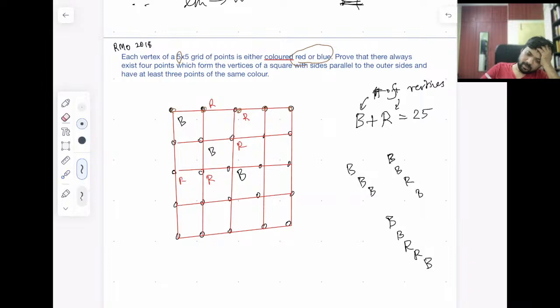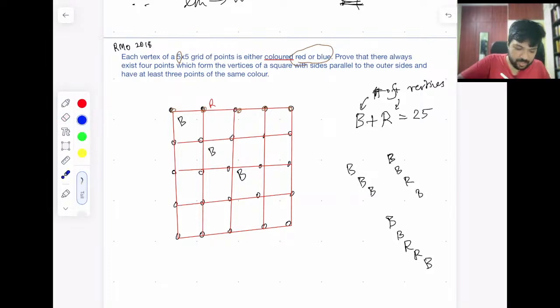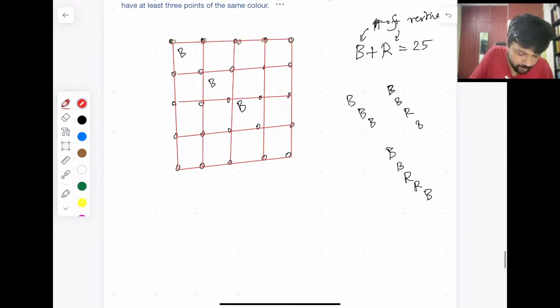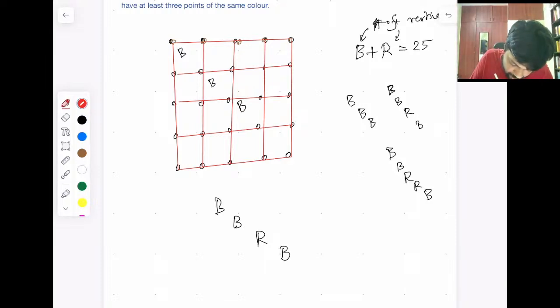I think it's just trial and error. Unless one of the cases fails and becomes interesting, I don't know. I think I should draw it again. The other case could be blue, blue, red, blue. Then what will happen? And this will become red, red.